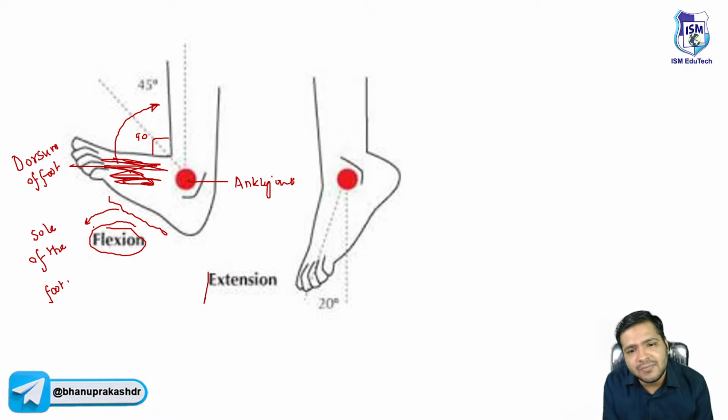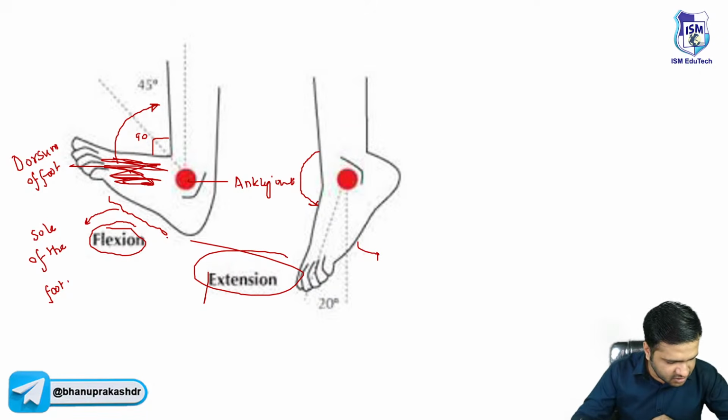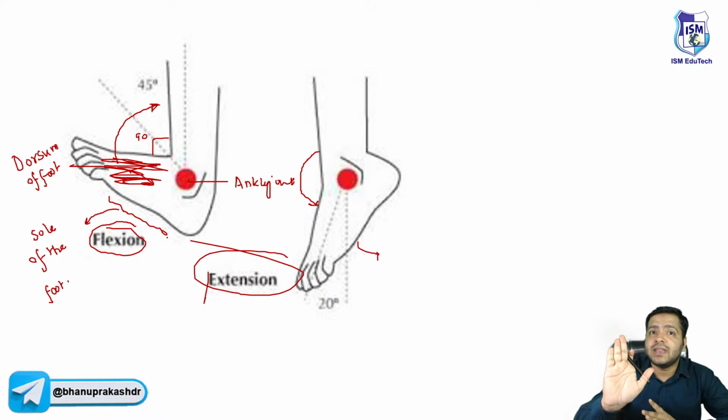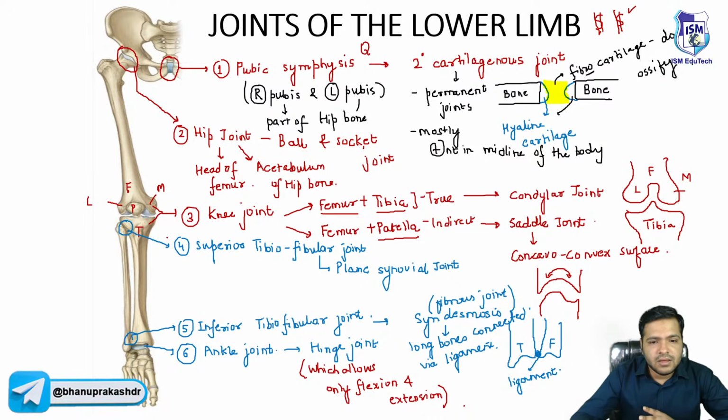And if you take the sole of the foot downward, outward, the angle will increase, and this is called extension. So you should understand flexion and extension at the ankle joint. That's why it only allows movement in one direction, either up or down, just like the wrist joint. So the ankle joint is a type of hinge joint.